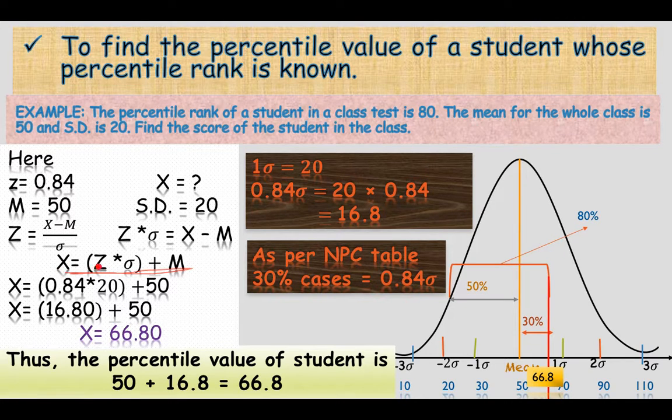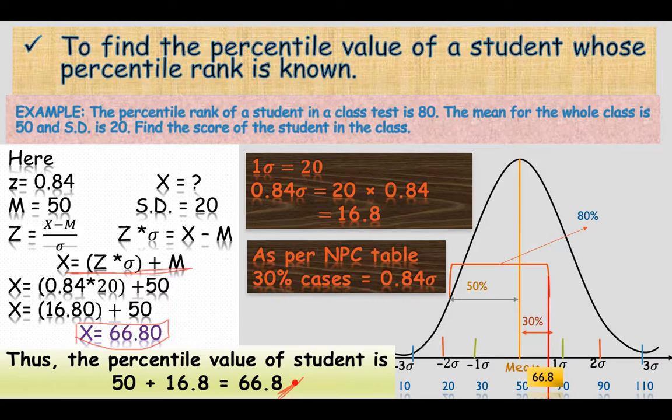X will be equal to the z-score multiplied by the standard deviation of the group, and adding to that the mean of that group. Here the standard score is 0.84, the standard deviation is 20 and the mean is 50. So we get the raw score the student has secured is 66.80. This is the same as we have got here.